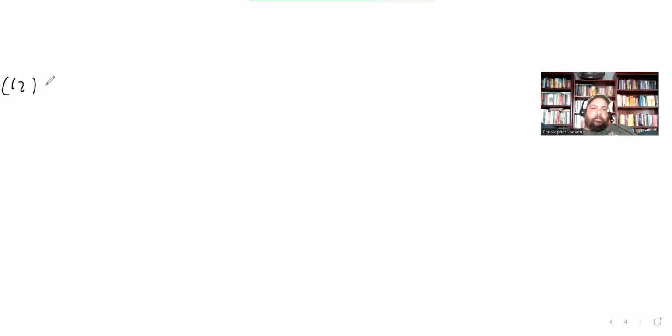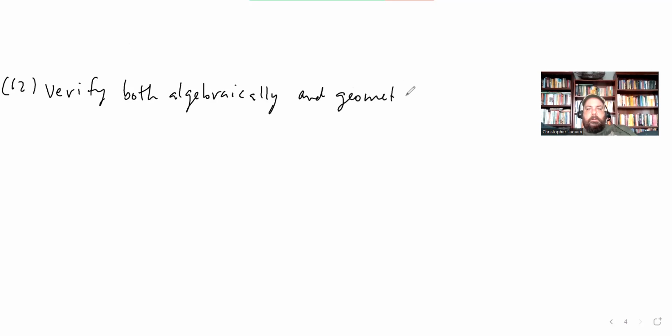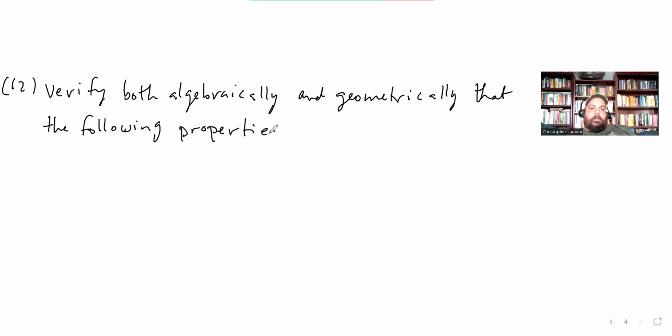So verify both algebraically and geometrically that the following properties of vector arithmetic hold.